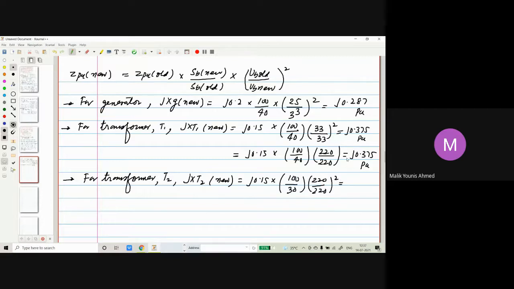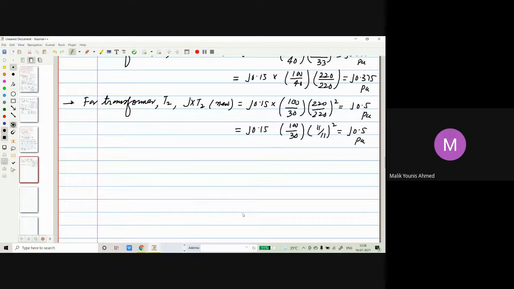That comes out to be J0.5. And if it is on the 11 kV secondary side of the transformer, this will remain the same: 11 by 11 whole square. Again, the value will be the same. So this is for transformer T2.